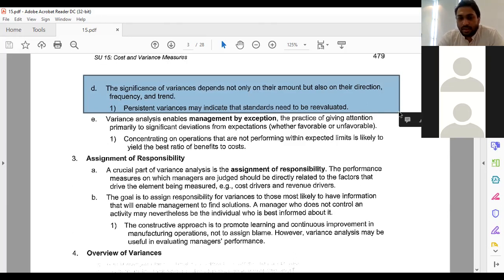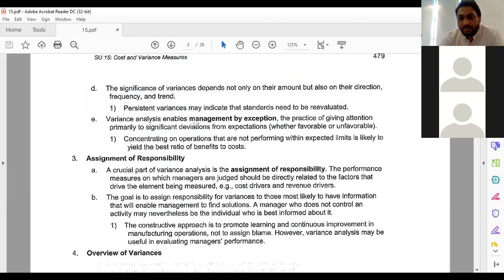So what does it mean? And this happens consistently. Whatever pressure you put on your sales team, they can't attain more than 10,000 units. It means that you have to revise your standard. The budgeted standard which you set had some problem. Maybe you didn't consider the market condition, or you missed your capacity, or anything it can be. Clear? So variance analysis enables management by exception.